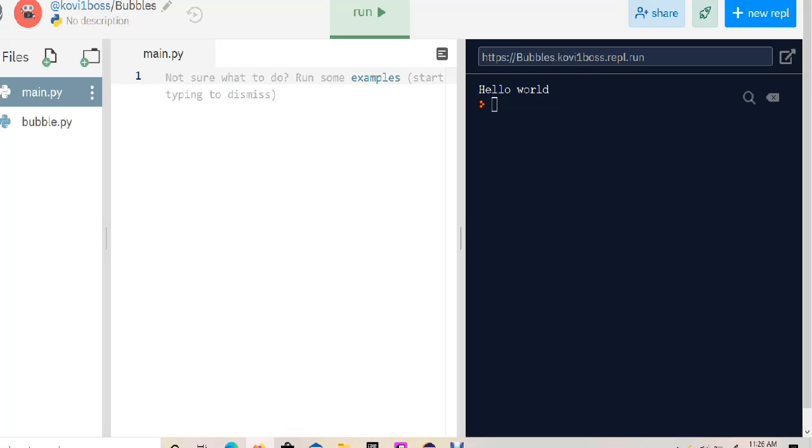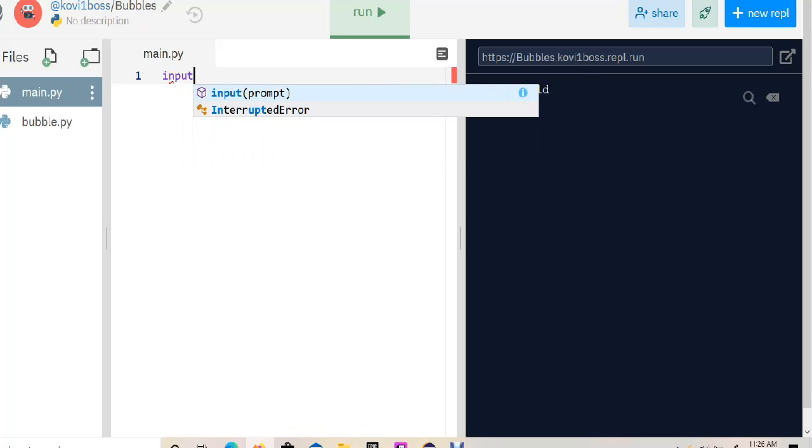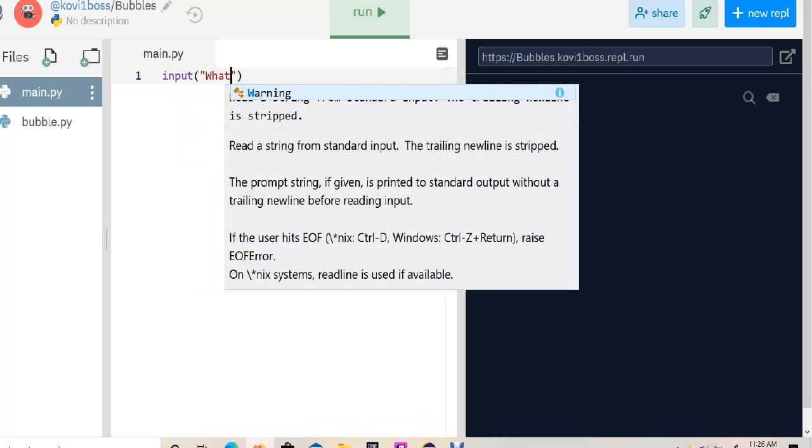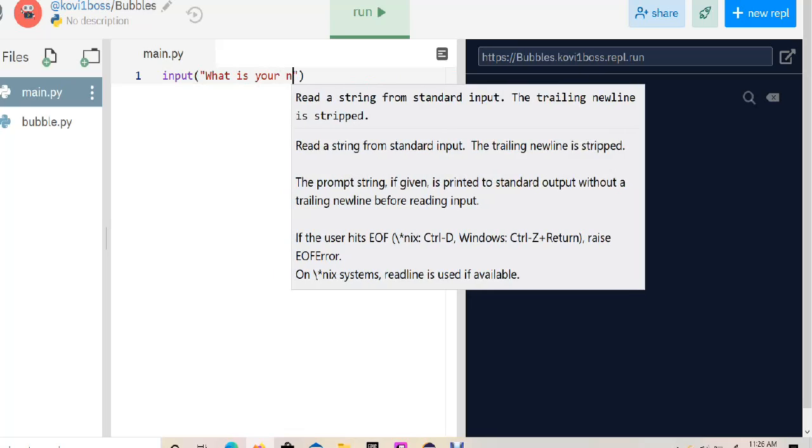An input is the same thing as a print statement, except that the person who's running the code or watching you is actually going to be able to say something back to the computer. So, if I am to do input, what is your name?